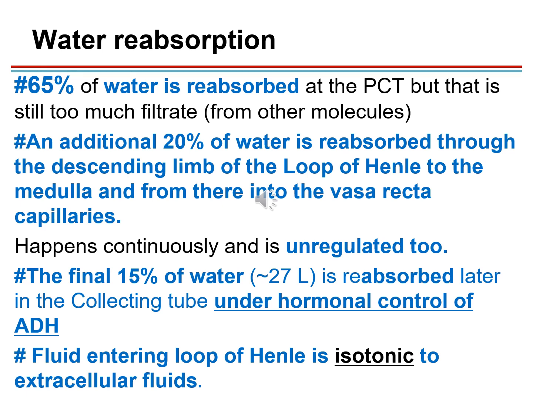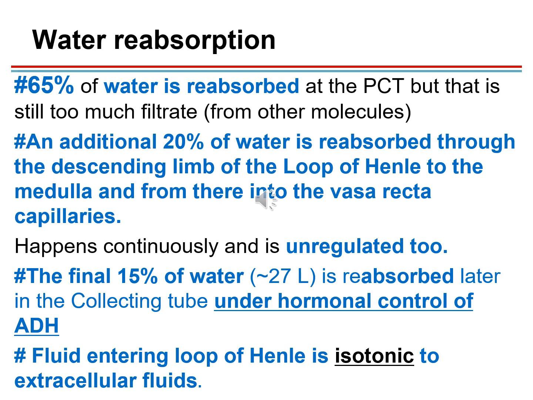The 65% reabsorbed in the proximal convoluted tube, and the additional 20% at the loop of Henle, is unregulated. The reason why water moves from one area to the other is that it follows the higher concentration of solutes, but it is not affected by any hormone.